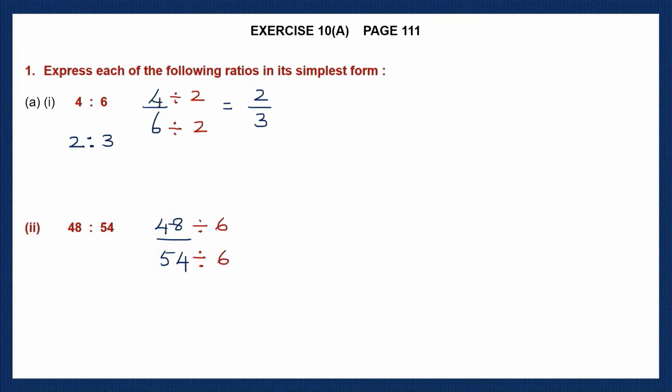And let's see what answer we get. 6 into what is 48? 6 8s are 48 and 6 9s are 54. So our fraction is 8/9. When we write that as a ratio, we write 8:9. So the answer is 8:9 here.